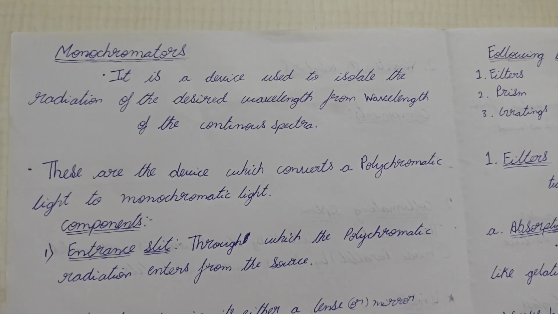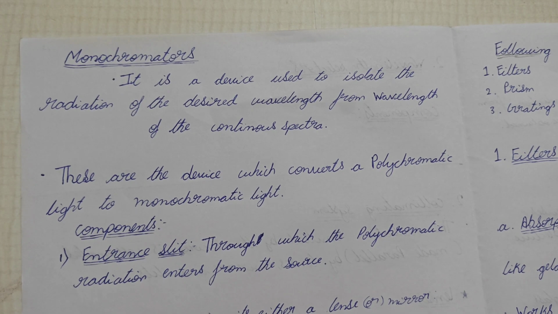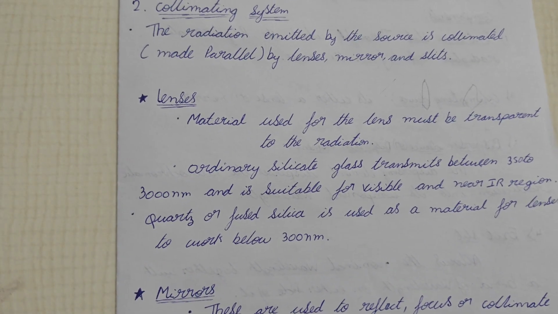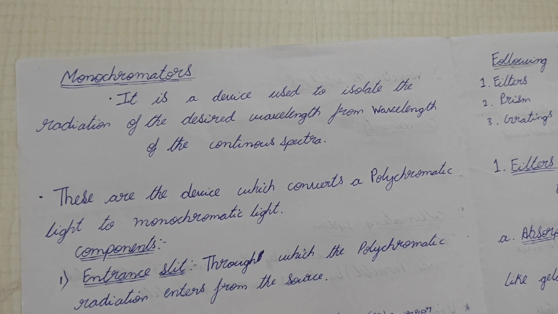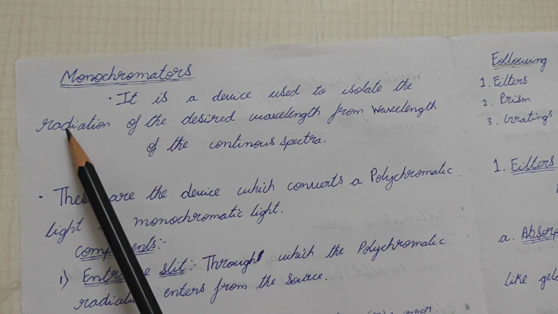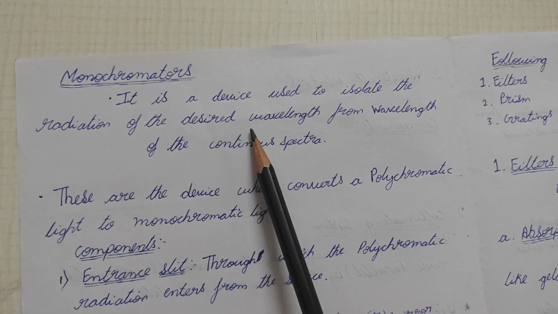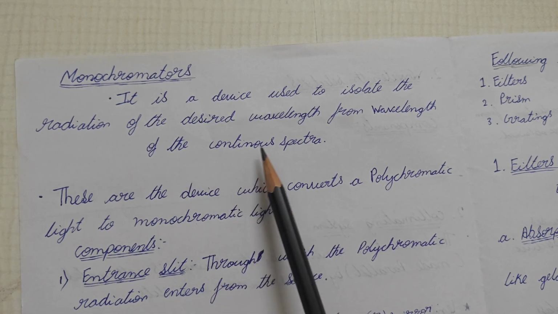We'll go through one by one. First, monochromators. The collimating system is just an introduction of the lens, mirror, and slits. In that, the monochromator is a device used to isolate the radiation of a desired wavelength from the wavelengths of a continuous spectrum.